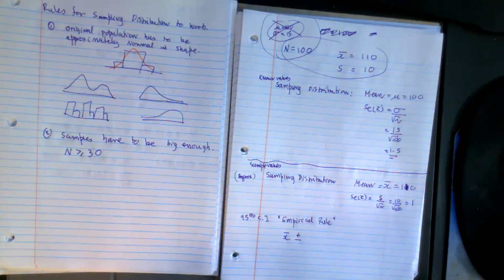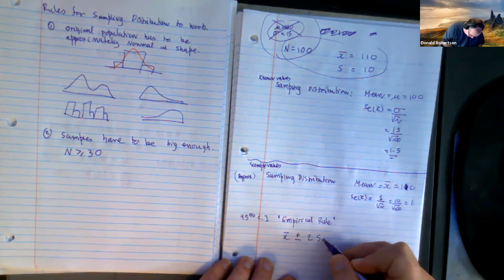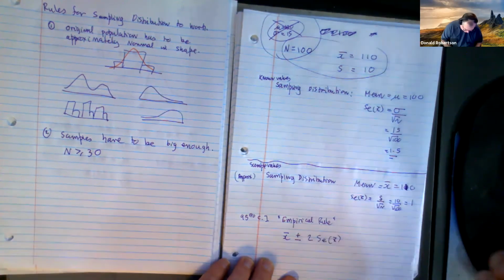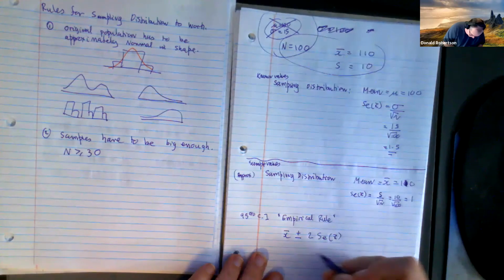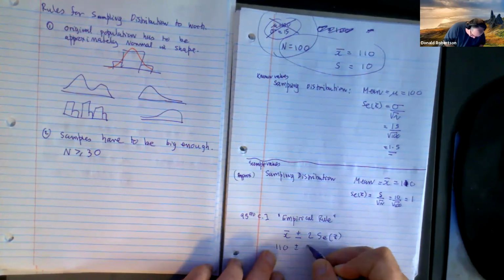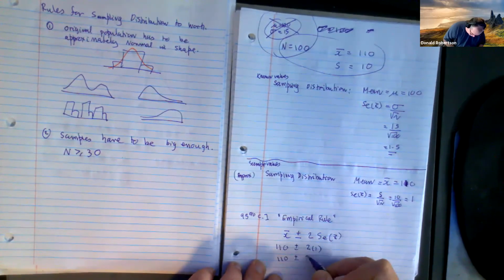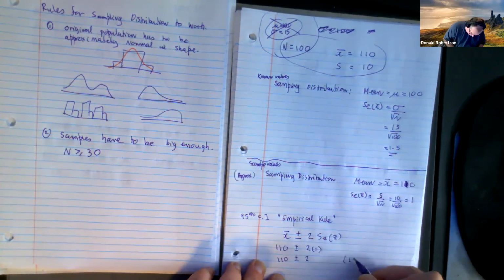For 95, it'd be 2. Right? And it'd be 2 standard errors, right? Standard deviation is standard errors. So in this case, X bar is 110 plus or minus 2 lots of 1. So that would be 110 plus or minus 2. And that would get me 108 to 112.